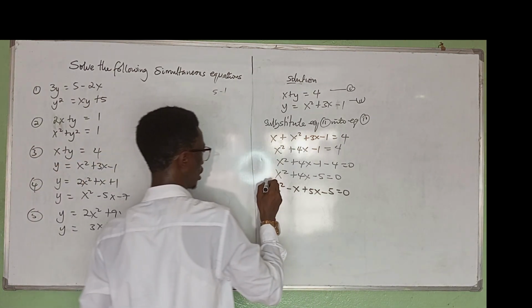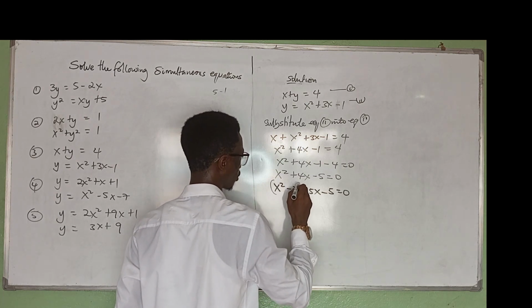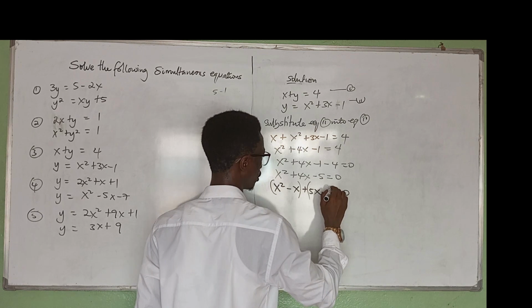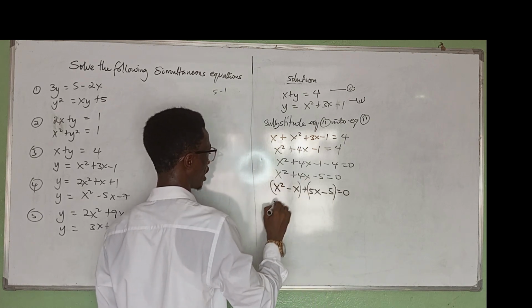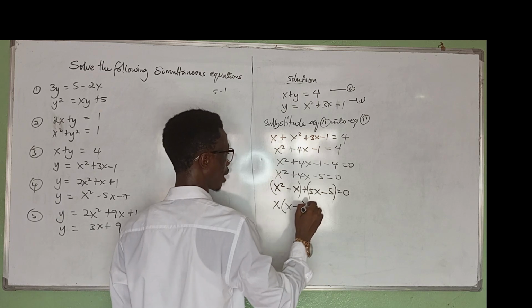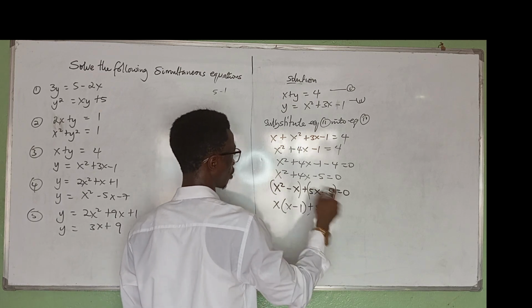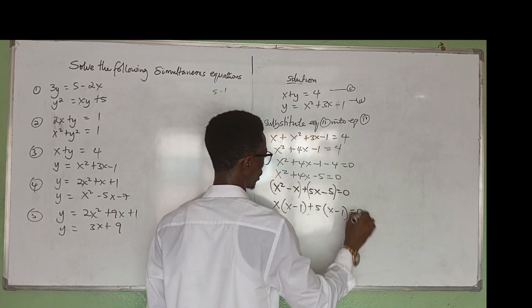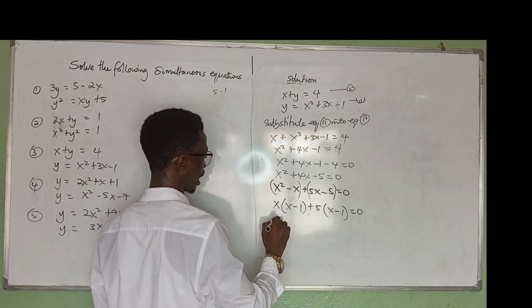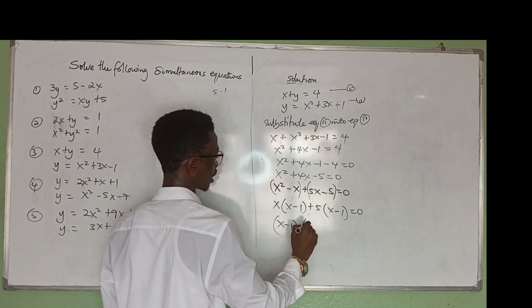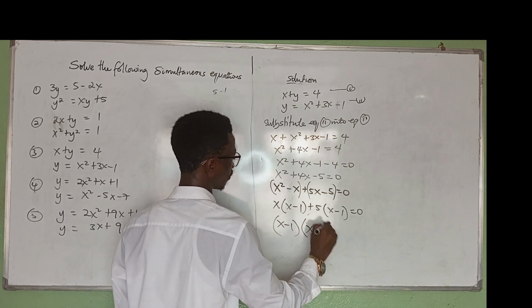So we have 4 terms. Group them. What is common here is x. We have x remaining, minus x into x as 1, plus, we take 5 as common here. We are left with x minus 5 into that gives you 1 equals 0. So what is common here is x minus 1. We factor it. What is left here is x, and this is plus 5.